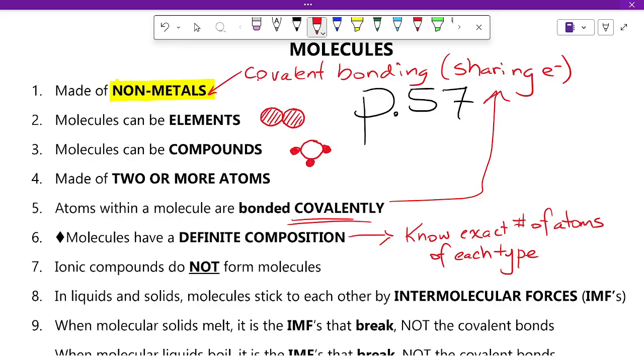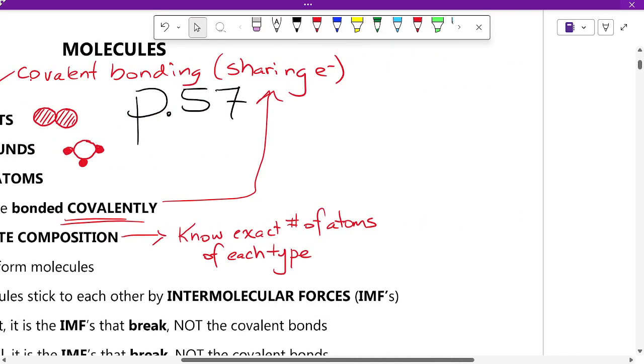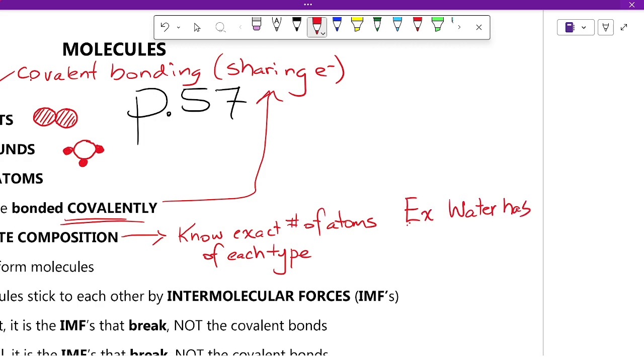But I know that if I have water, how many atoms of each type are there in water? Water has exactly 1 oxygen atom and 2 hydrogen atoms.